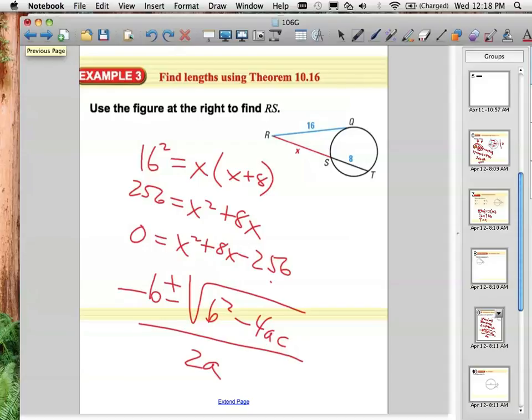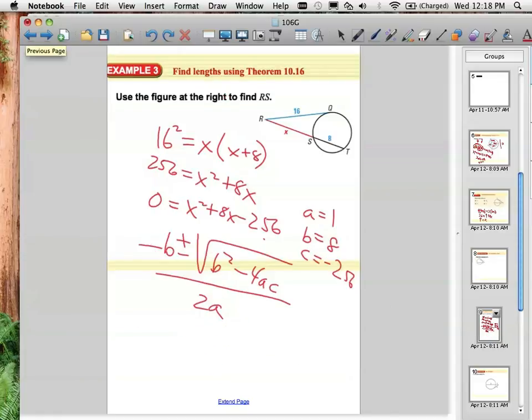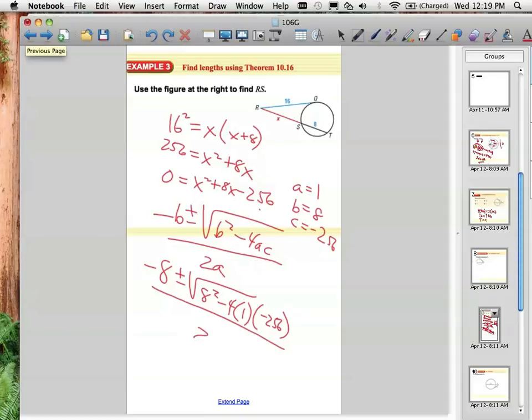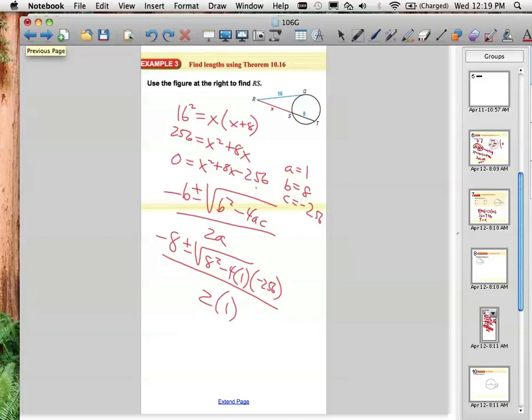So, quadratic formula. What's a? 1. What's b? 8. c is negative 256. We're just plugging these in. So minus 8 plus or minus the square root of 8 squared minus 4 times 1 times negative 256, all over 2 times 1. Let's get what's in the discriminant.